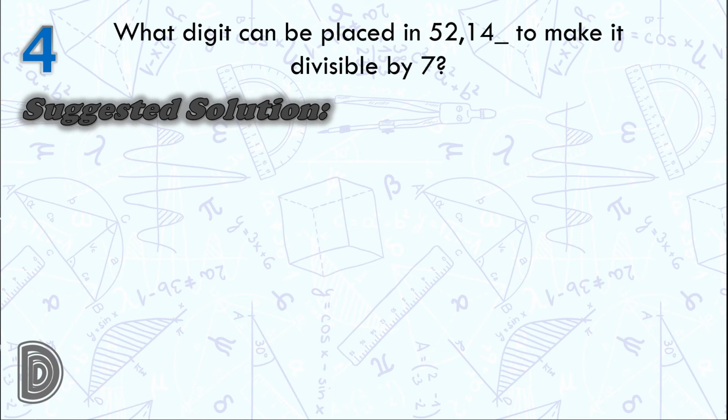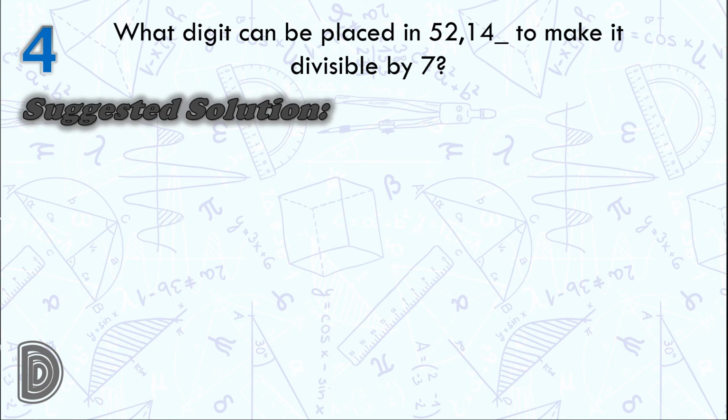Hence, we will check whether 5,214 is divisible by 7. If it is divisible by 7, then the answer is 0. If it is not divisible by 7, the remainder will be divided by 2, and that is our answer.